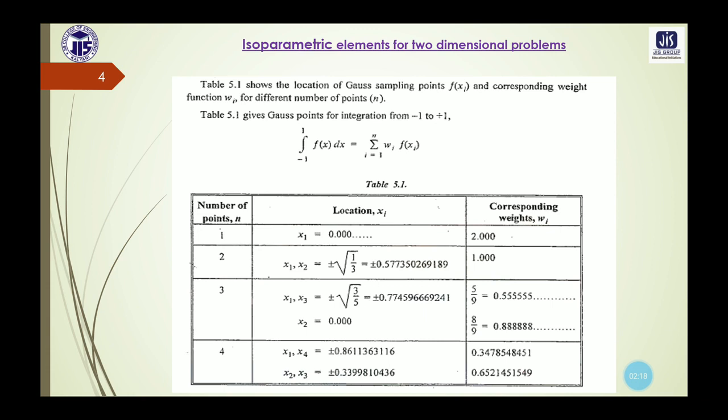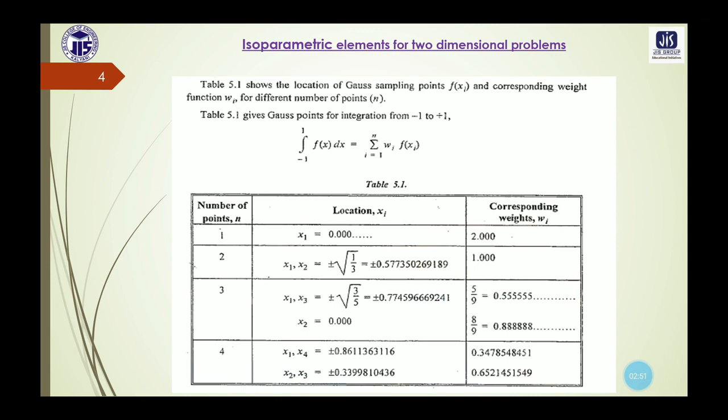So here we can see that the formula for this Gaussian quadrature is integral from minus 1 to 1 of f(x) dx, equals summation i equals 1 to n of w_i f(x_i). Now this x_i is the Gauss sampling points, and w_i is the corresponding weight function for different number of points.